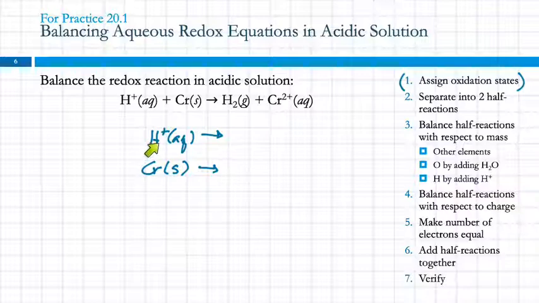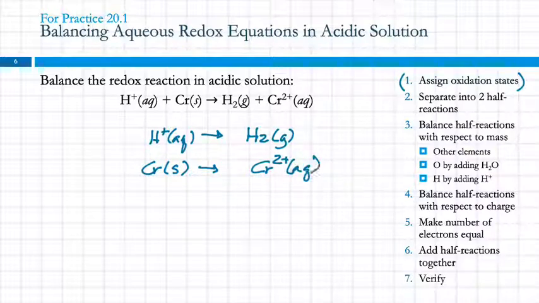And so the hydrogen ion is going to react to form one of these products, and I'm just going to pick the one that's most likely, right? Because hydrogen ion couldn't possibly become chromium ion. So it must be H2 gas here. And then the other one is down here.